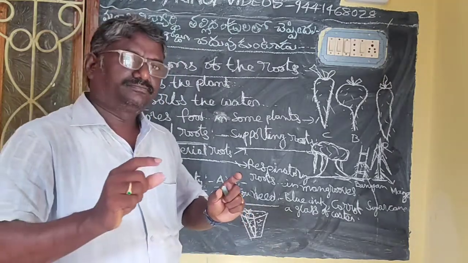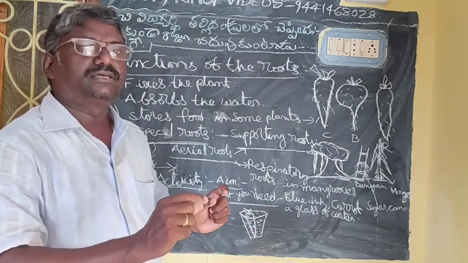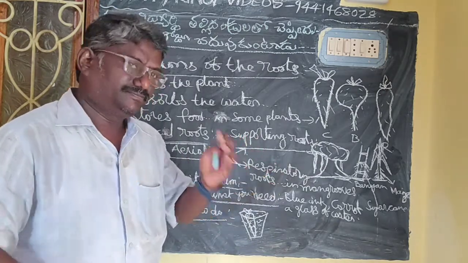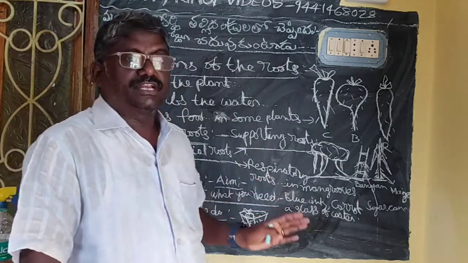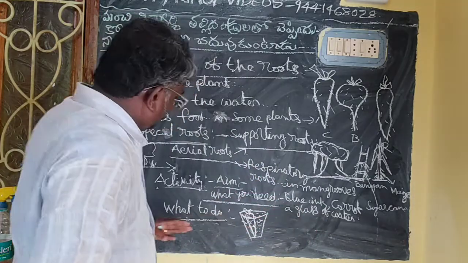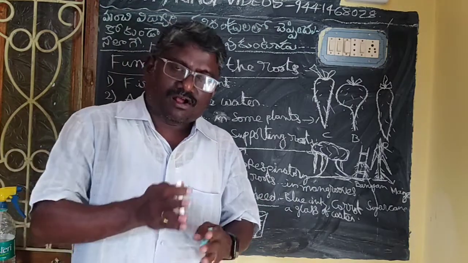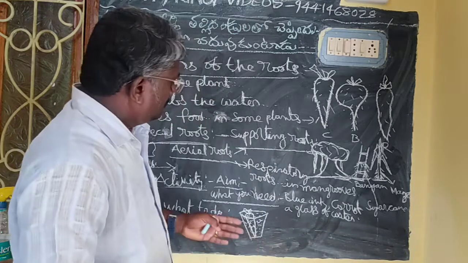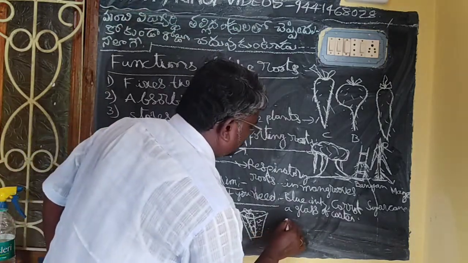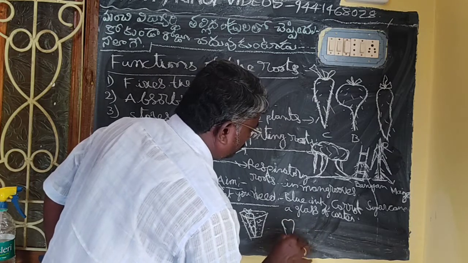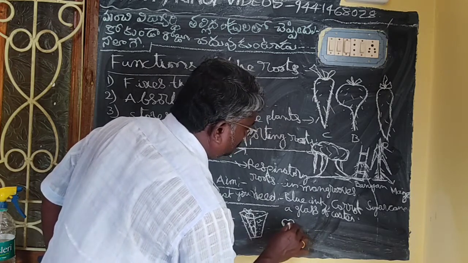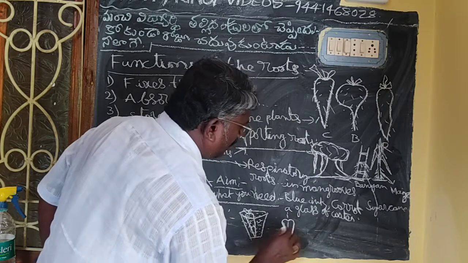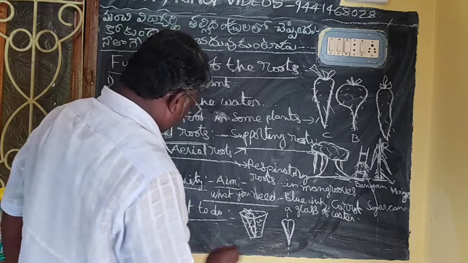Place this experiment at a place for 2 to 3 days. Leave it. After 3 days, remove the carrot from the water and cut it into half. The observation.